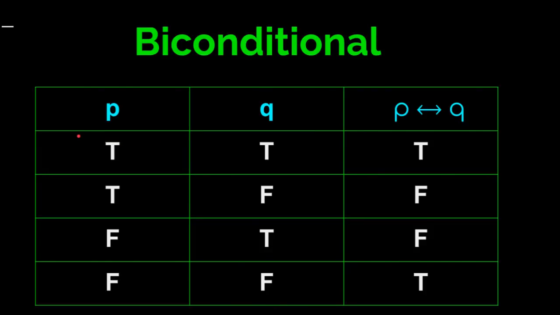So basically, if Sally is telling the truth and Linda's telling the truth, this is going to evaluate true. If they're both lying, it's still going to evaluate true. But if one's telling the truth and one's lying, no matter which direction it's going in, it's still going to evaluate false.